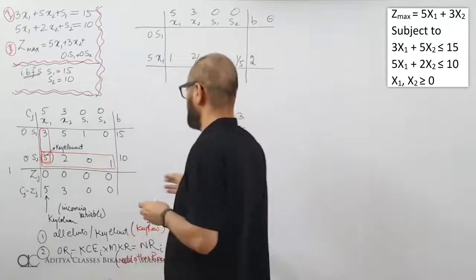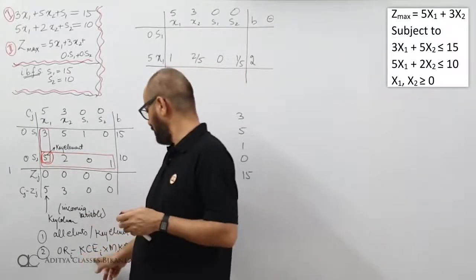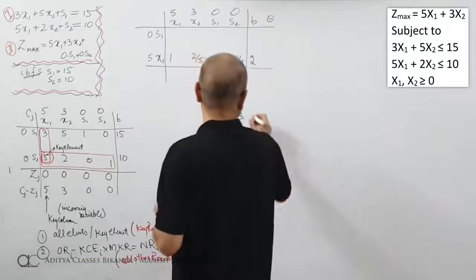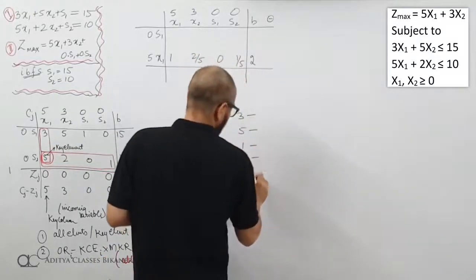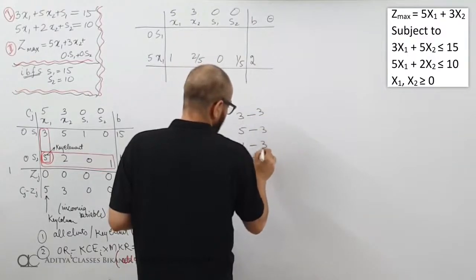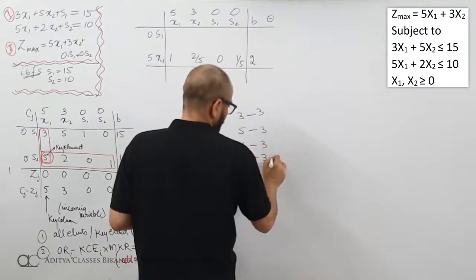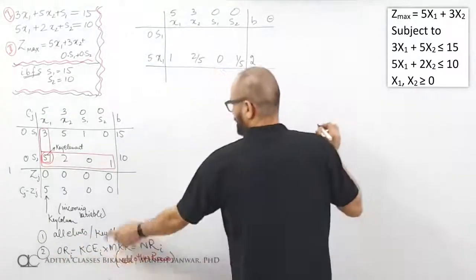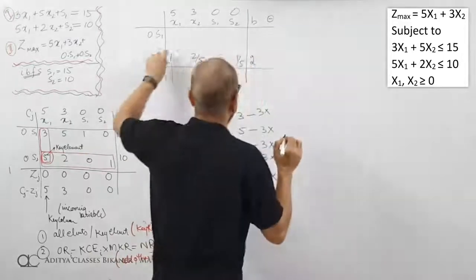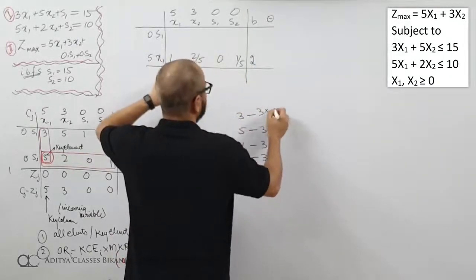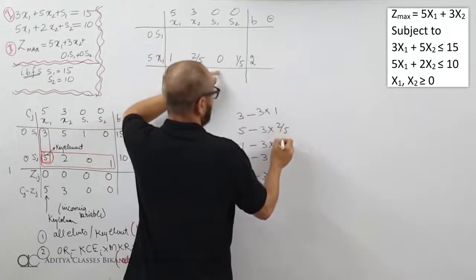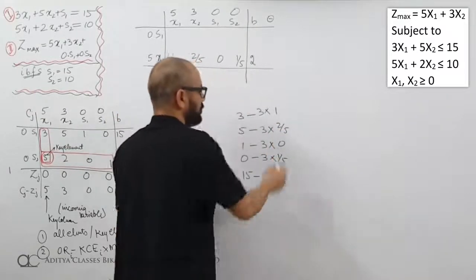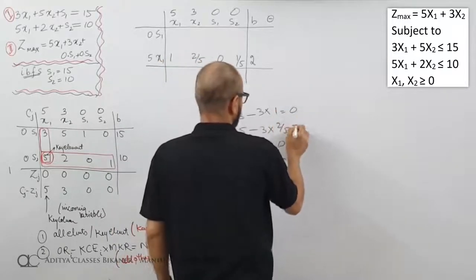Old row first minus key column element first. This is the key column element. Key column element first, that is 3, multiplied by the modified key row. This was the original key row, this is the modified key row. So I get 1, 2 by 5, 0, 1 by 5 and 2, giving me 0.